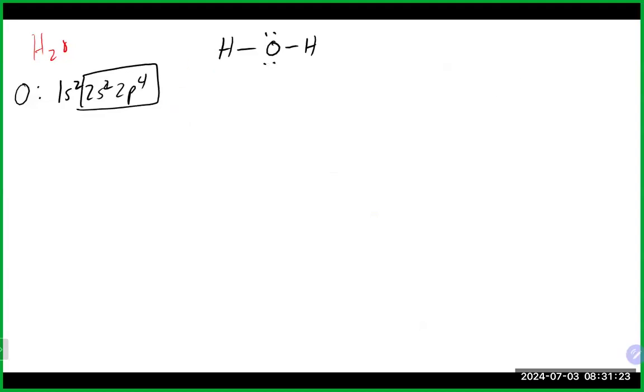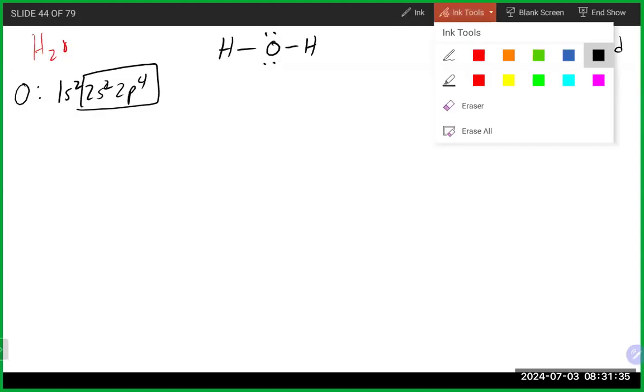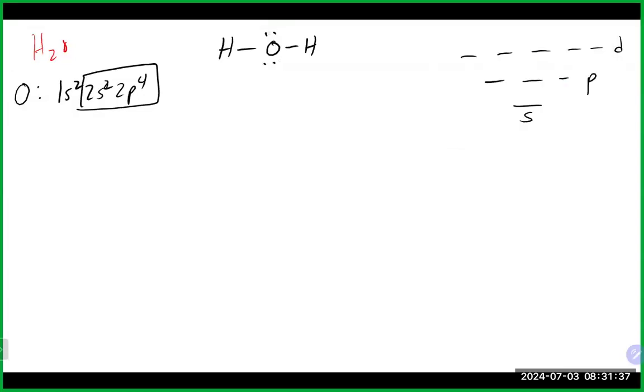Once again, if we want to go through our hybridization for our oxygen in the middle, we're going to count up the electron pairs just like we were doing for geometry. 1 electron pair, 2 electron pairs, 3 electron pairs, and 4 electron pairs. All we have to do again is just mark that off. 1 electron pair, 2, 3, and 4.